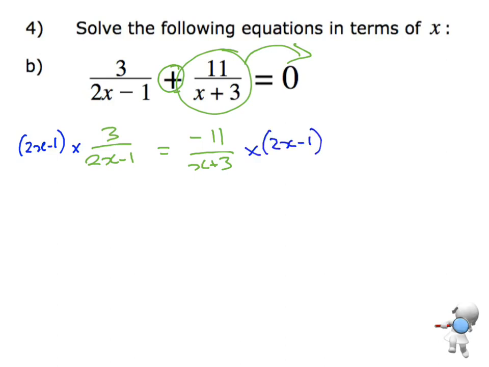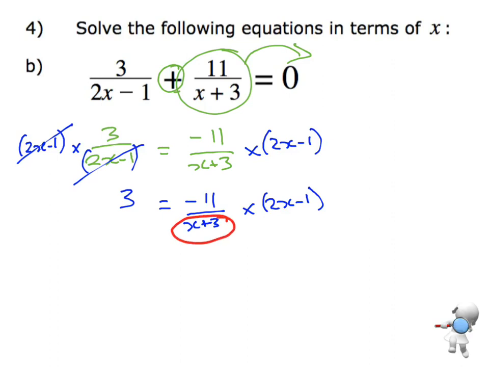As long as what I do to one side I do to the other, it's going to be a balanced equation. So this divided by that will cancel out to leave me with a 3 on the left, and I'm going to have minus 11 over x plus 3 times 2x minus 1. I want to do a similar thing for the x plus 3 underneath.